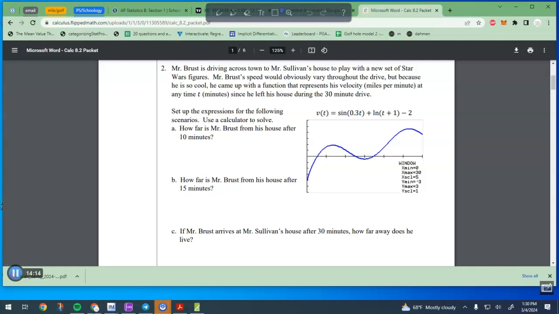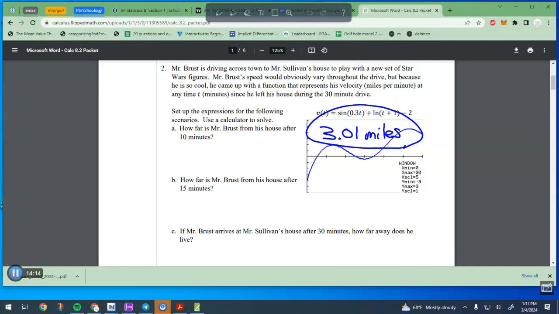Well, no, not T equals. We didn't find time. We found distance, so it's miles. So, a couple things.